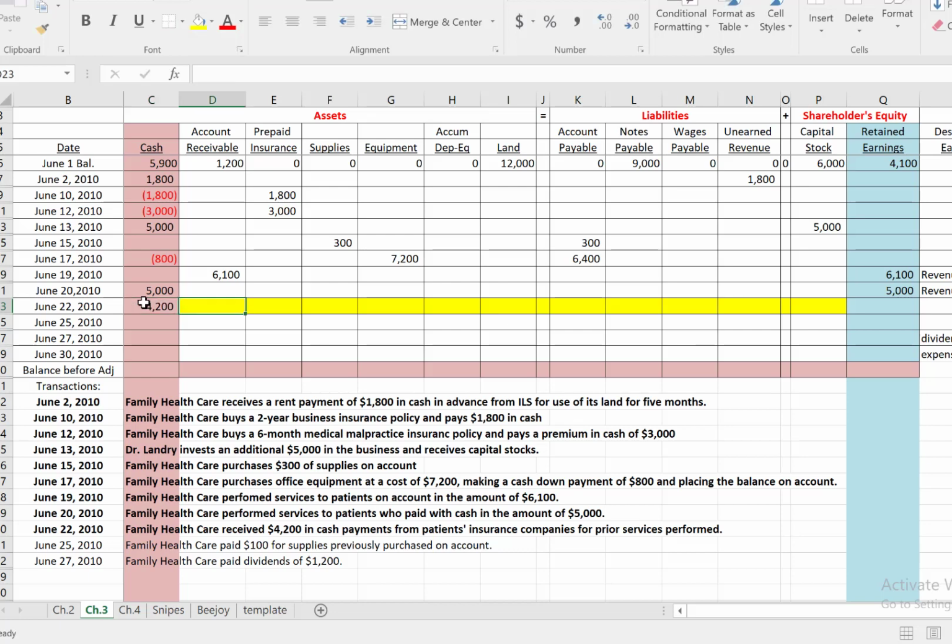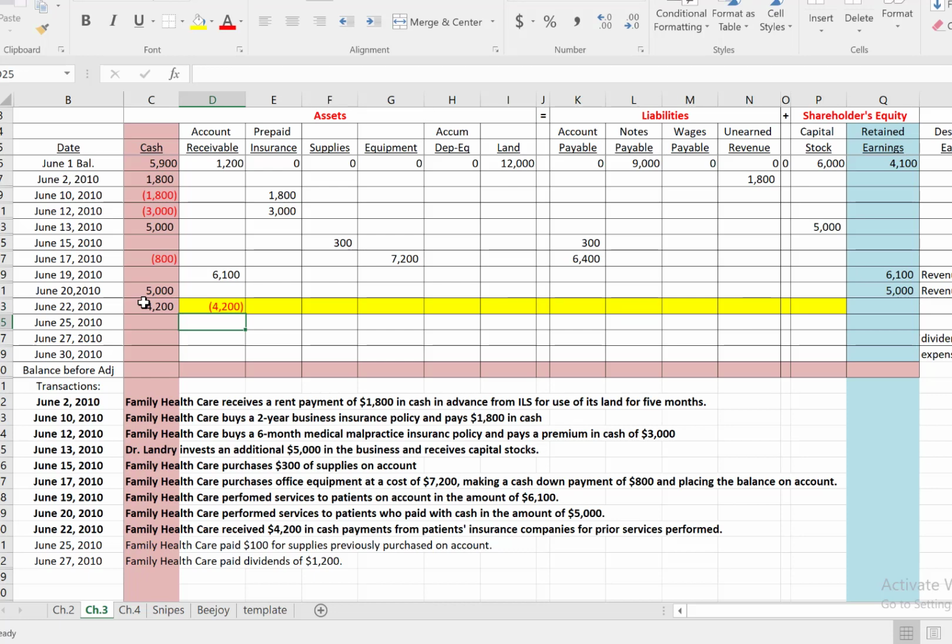But is that revenue? No, we've already reported the revenue. What we have is an accounts receivable, so that $4,200 is going to be a reduction in accounts receivable.